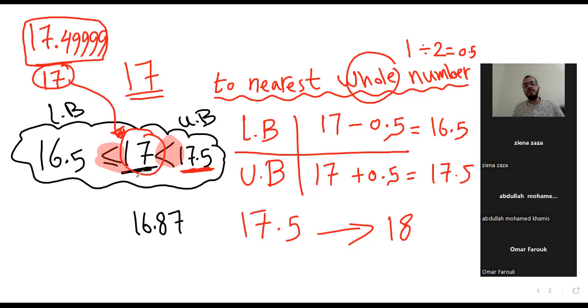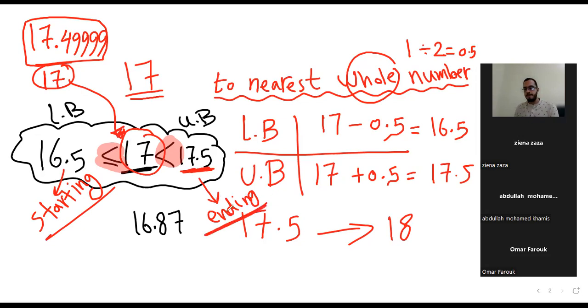Okay guys, do you understand the meaning of lower bound and upper bound? It's like starting and ending. The lower bound is the starting, and the upper bound is the end.